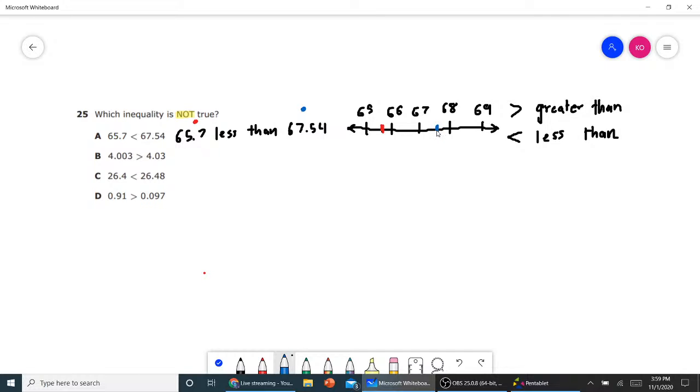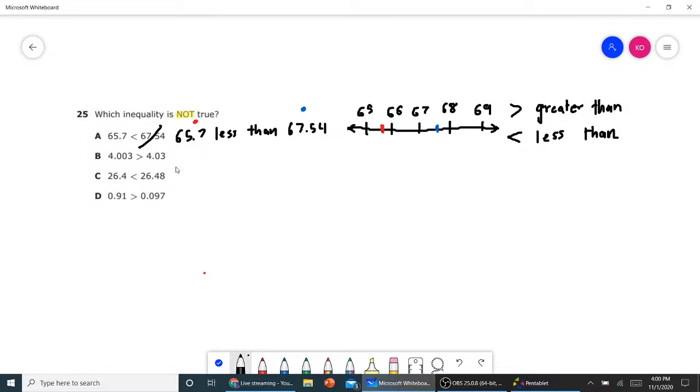So as you can see from the number line, blue is greater than red. Or in other words, 67.54 is greater than 65.7, or in other words, 65.7 is less than 67.54. So that is correct, so we can eliminate this answer choice.